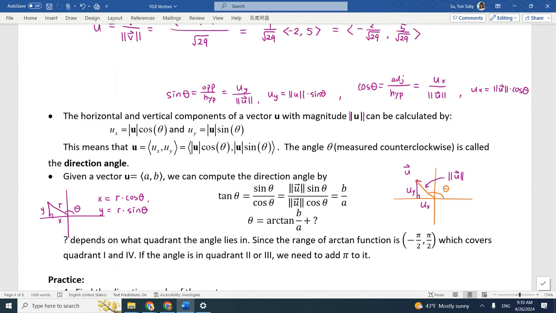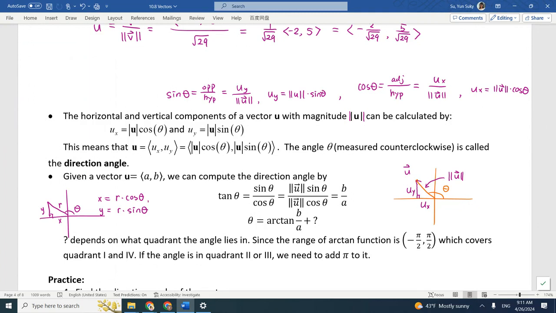Is that okay, everybody? That's why we have this component form. Given your vector u, how do we find the component form? If you know the magnitude and the angle, then the x component is the magnitude of u times cosine theta, and the y component is the magnitude of u times sine theta.